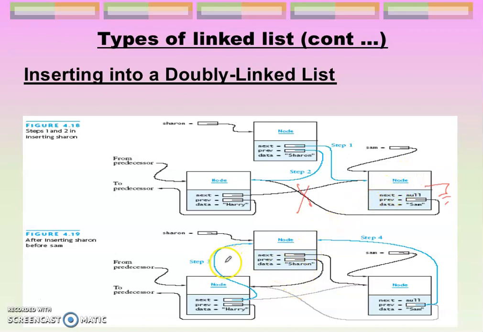Same goes here, once you want to delete Sharon. Okay, this one is not deleting. After inserting Sharon, this is what it looks like. Same goes here. So look at here. The grey one is no longer there. So the next will be pointed: the previous of Sharon will be pointed to Harry.